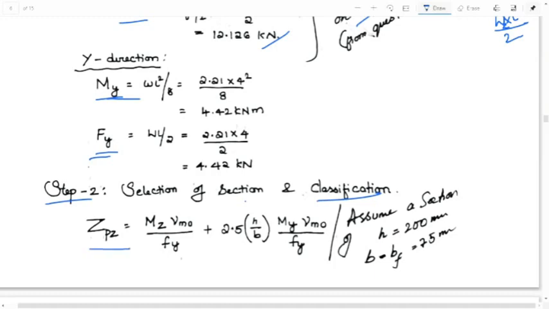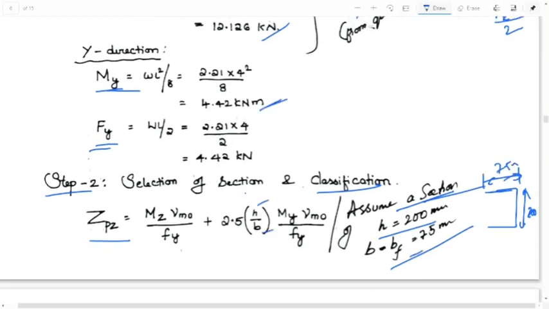Of course, as you know, this is the expression, and I have considered a section whose overall height is 200 and width of the flange is 75. Okay, remember this is the channel section, and this is taken as 200 and this as 75.